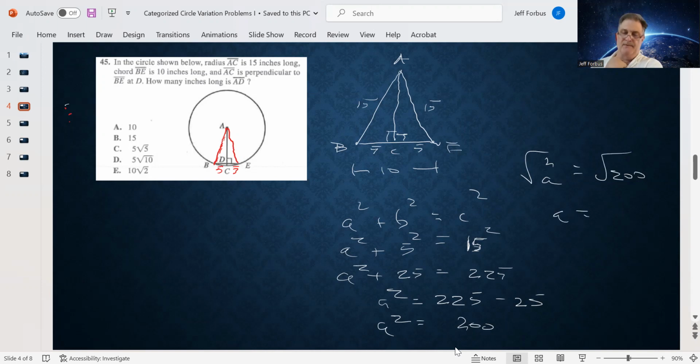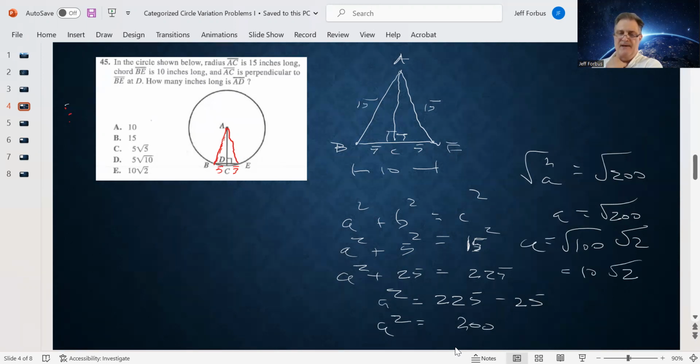So it's a square root of 200. Well, we can get a perfect square out of there of 100, right? 100 times 2. So the square root of 100 is 10. And the square root of 2, we're going to leave as square root of 2. So A is going to be equal to 10 square root of 2. And that's going to be answer choice E.